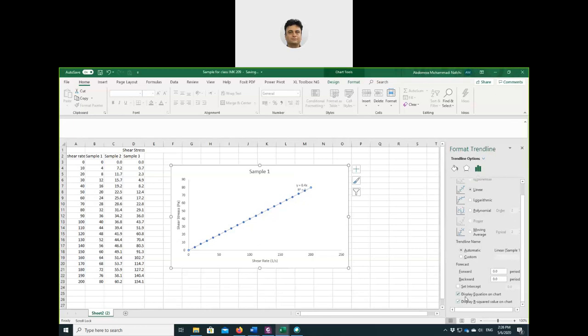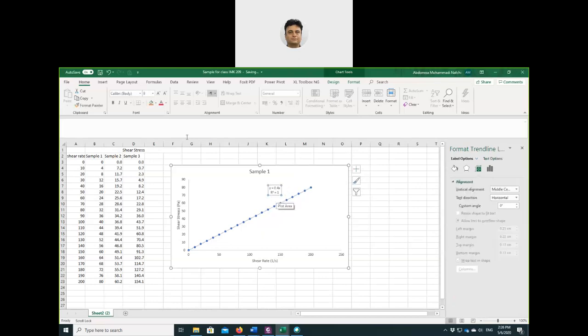Here we have y equal to 0.4x, and R squared is exactly 1, which means that all of the data is on one line. So this material is Newtonian, and as you remember from the formula, sigma is equal to mu gamma dot, and mu is the viscosity.